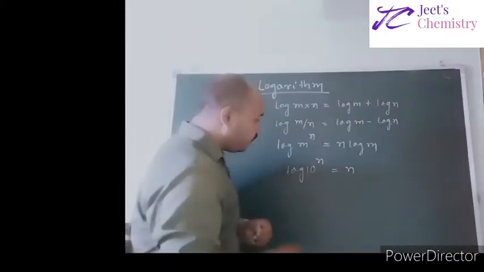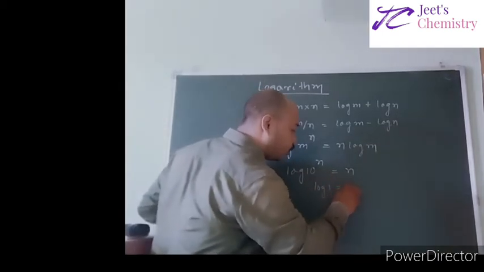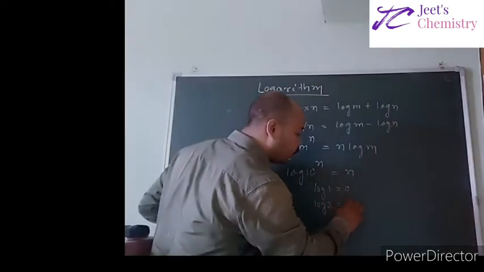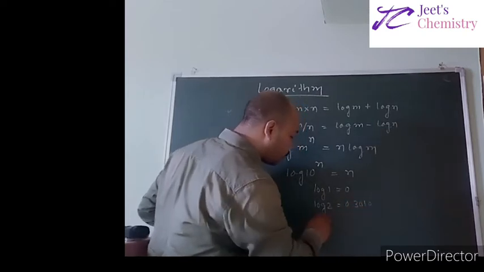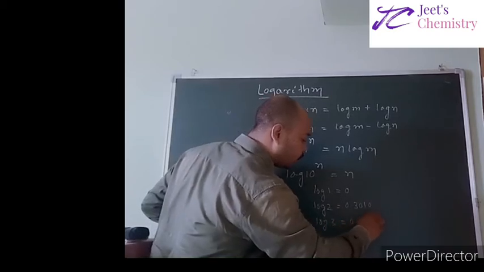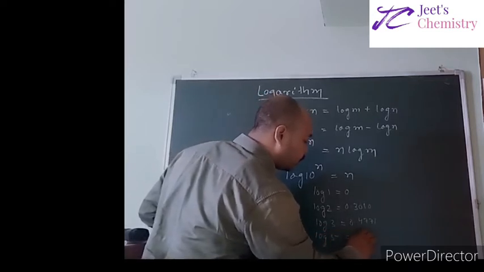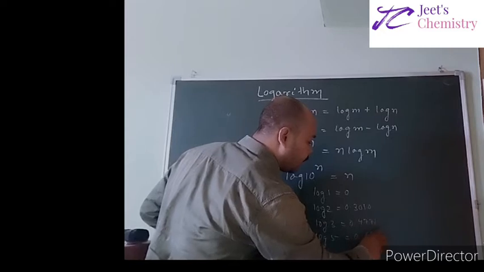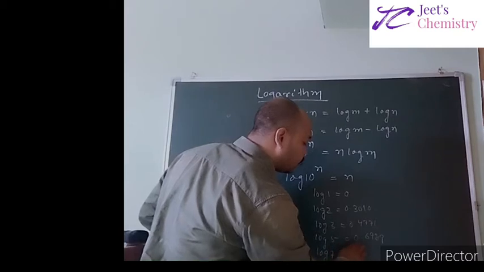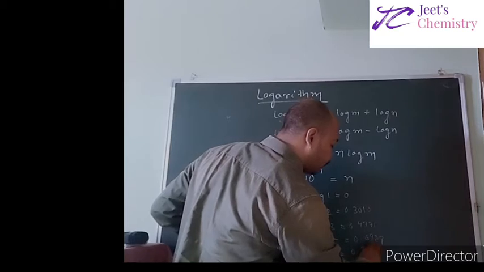Then we will remember some values also. That is, log 1 is equal to 0, log 2 is equal to 0.3010, log 3 is 0.4771, log 5 is 0.6989, log 7 is 0.8450.